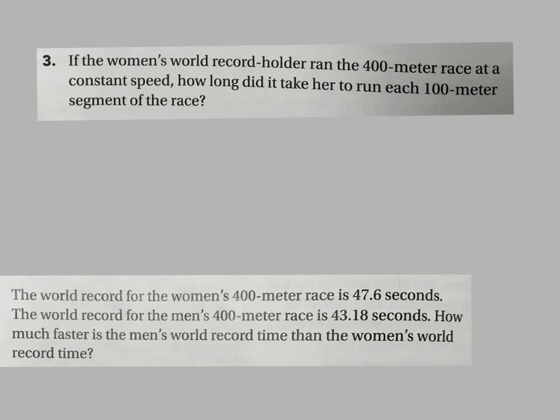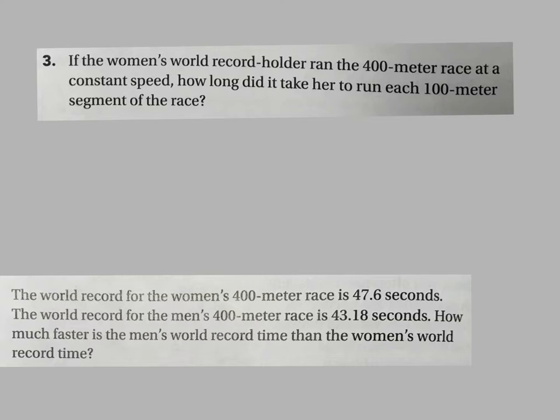do another one. If the women's world record holder ran the 400-meter race at a constant speed, that means she never sped up and never slowed down, how long would it take her to run each 100 meters? So think about that.